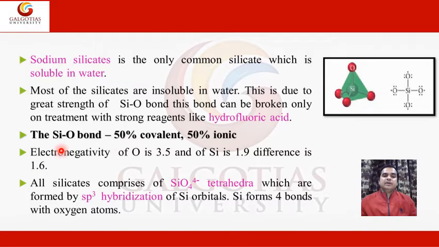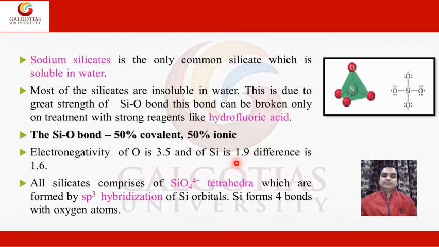As we know, the Si-O bond is 50% covalent in character and 50% ionic in character. So the Si-O bond has both covalent as well as ionic character, and the properties of both types of compounds. The electronegativity of oxygen is 3.5, while the electronegativity of silicon is 1.9.